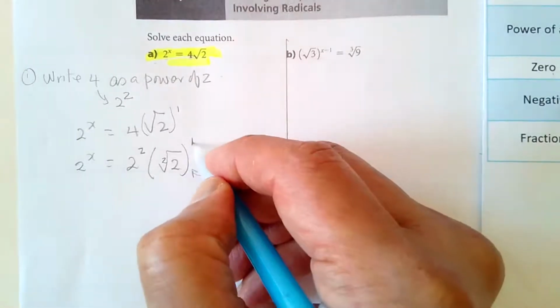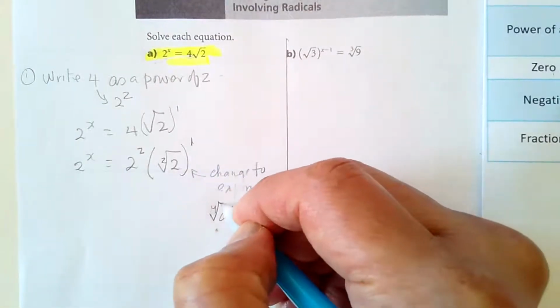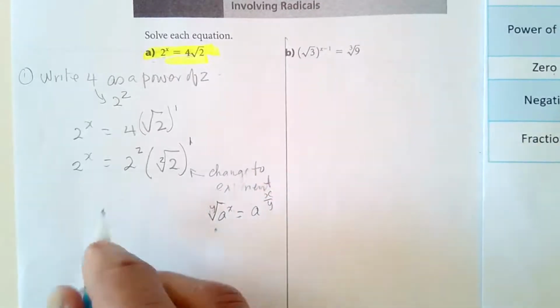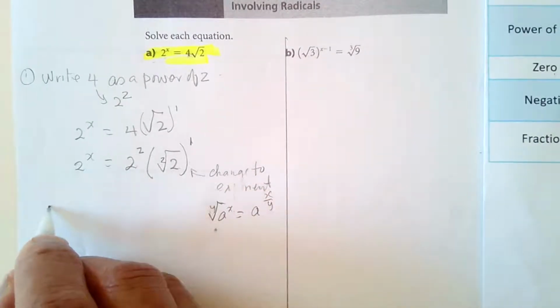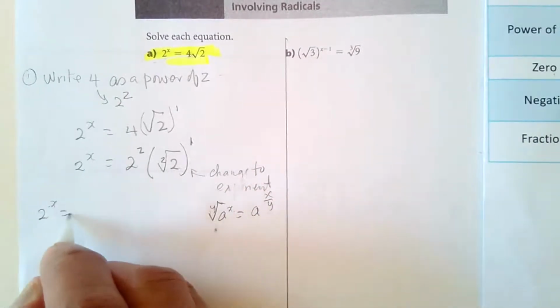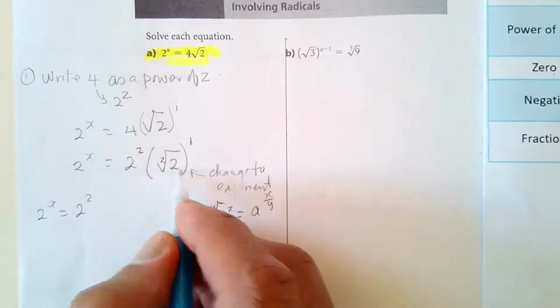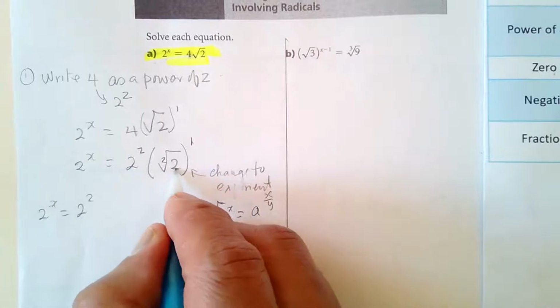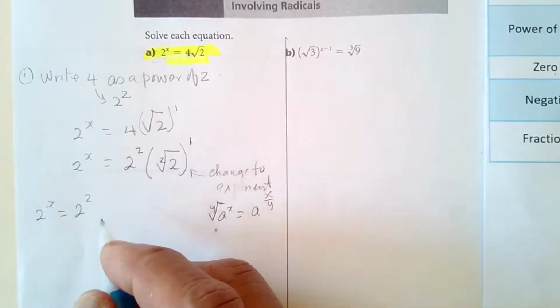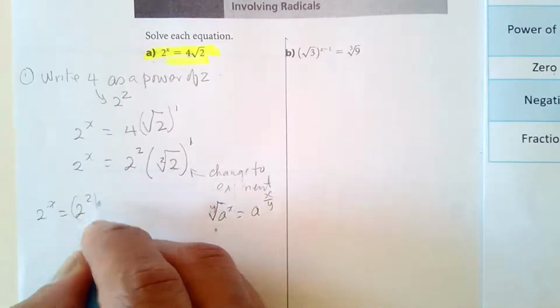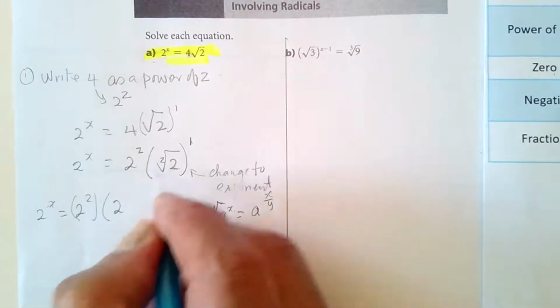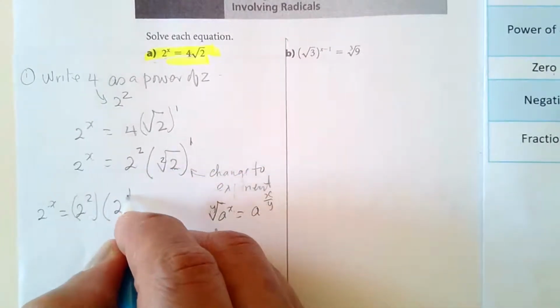That's why I wrote 1 here, because that becomes x. So we have 2 to the x is equal to 2 to the power 2. Now this can be written as 2 to the 1/2. So I'm going to separate these here: 2 to the 1 over 2.